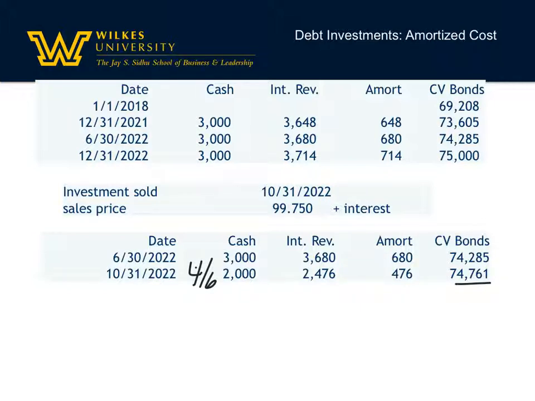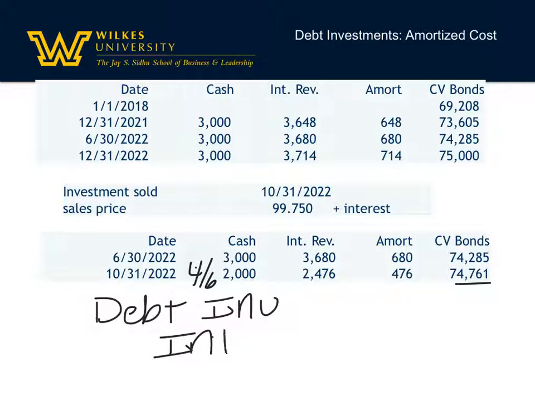So you're going to go ahead and make an entry. You're going to debit debt investments, and you're going to credit interest revenue for the $476. That will bring the carrying value to its proper amount at $74,761.